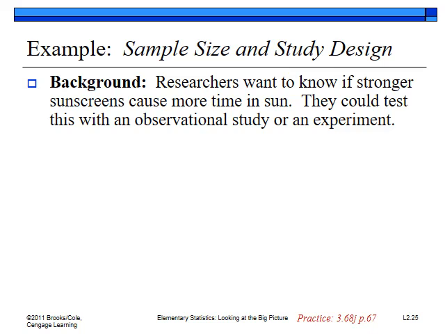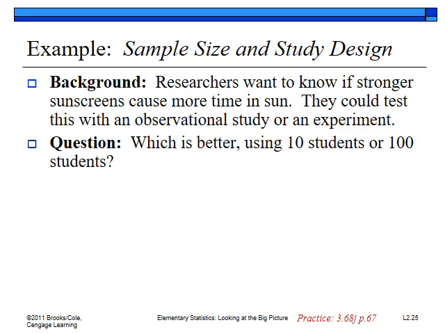Here, the researchers are controlling that variable of what strength of sunscreen people are using. In an observational study, researchers would ask people if they use sunscreen, if so, how strong it is, and then how much time they spend in the sun. That's an important distinction and one that I hope you all get used to.